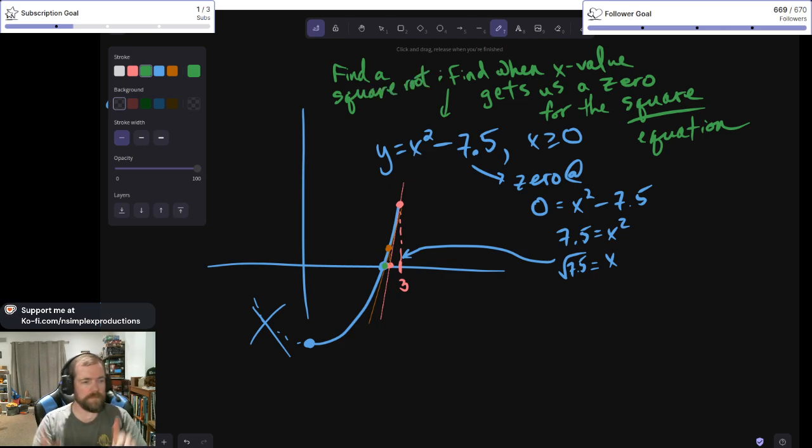So, find any square root you want. In order to do that, find when the x value, which goes inside the square root, is going to end up being squared to get us that value here. So the square root of this thing is what you're looking for.